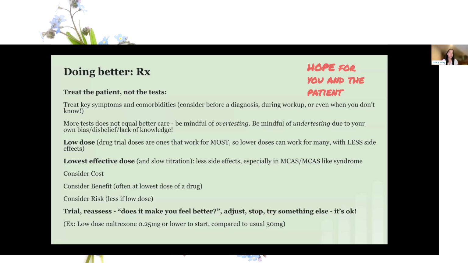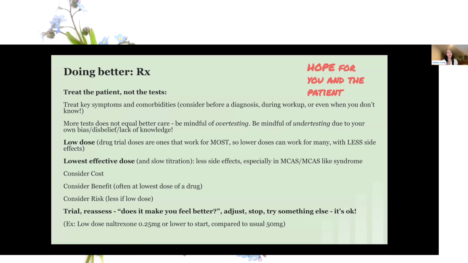More testing doesn't mean better care. Under testing doesn't mean better care. We have to be mindful of both of those when we are working in this challenging space. One of the things that I try and do, again, in most areas of medicine, is low dose of medications, lowest effective dose.